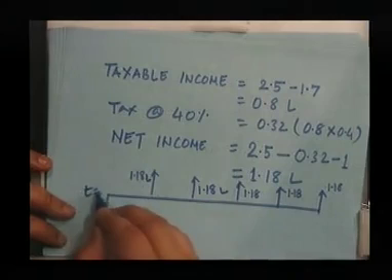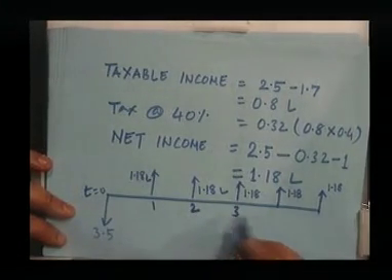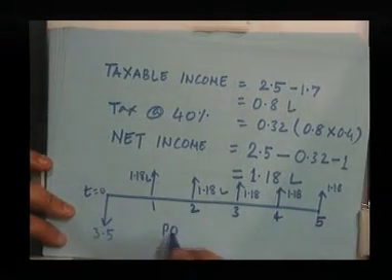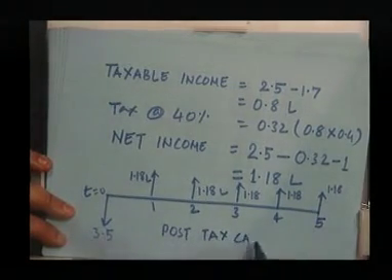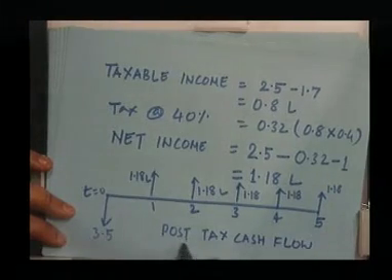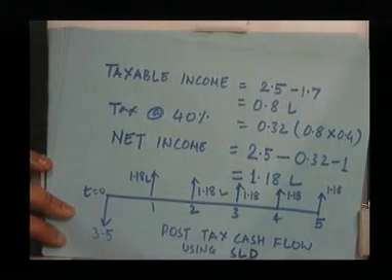This is at time t is equal to 0. This is at 1, 2, 3, 4 and 5. This is nothing but my post-tax cash flow diagram using straight line method of depreciation.